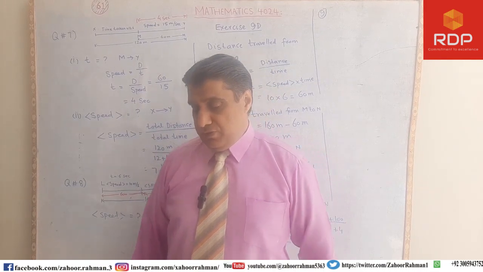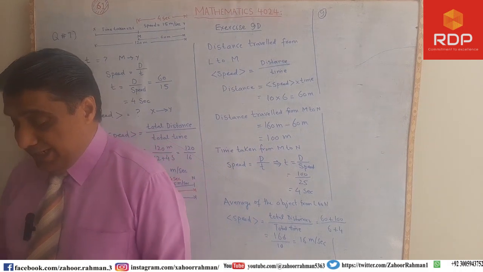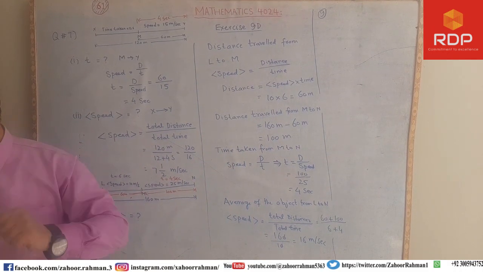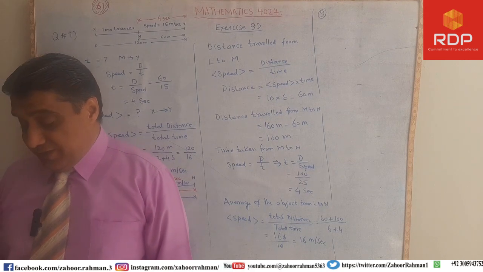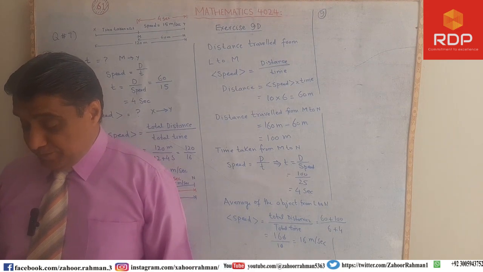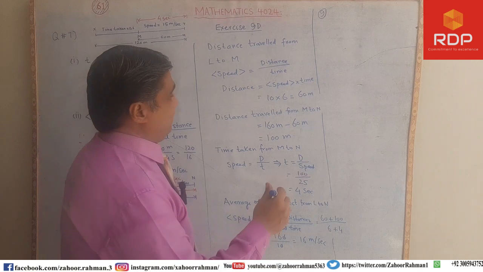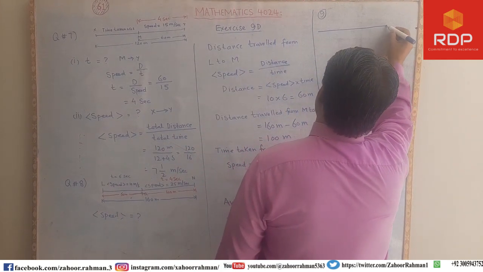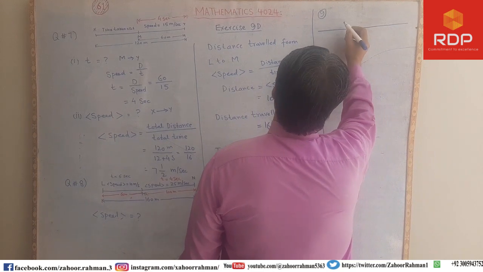Now we will do question number 9, and let us first understand it. A car travels the first part of 50 kilometer.